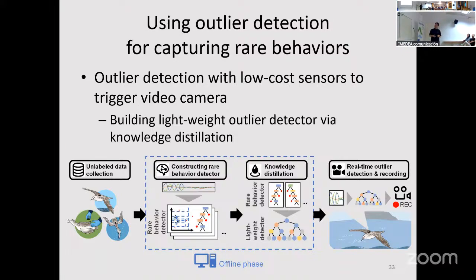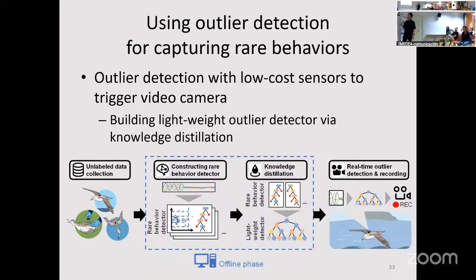It is usually used in factories for manufacturing, to detect defective products. We use this technique to detect infrequent behavior. The input is the same, acceleration data, because it is very energy efficient, and we apply the outlier detection technique to acceleration data in real time and detect outliers.